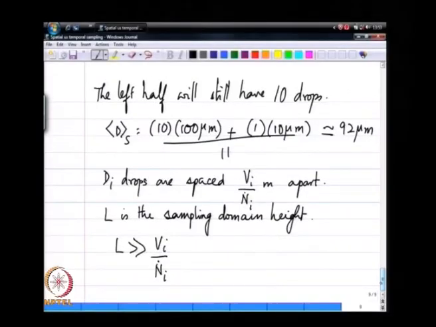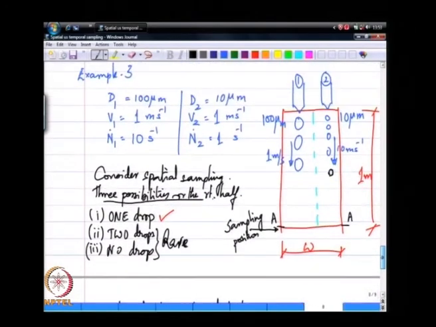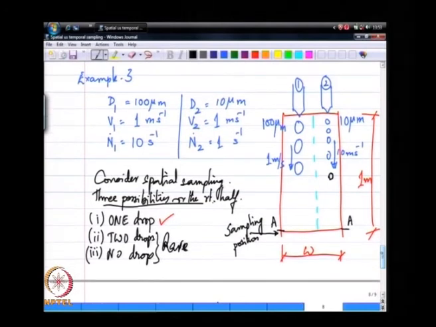Okay. If L is very large in comparison to the max of V I divided by N I dot, what you end up seeing is that you will have these kinds of possibilities of whether I have 99 drops or 100 drops on the right hand side as opposed to 1 or 2. So, the percentage error associated with the number of drops being slightly different on one side versus the other keeps going down.